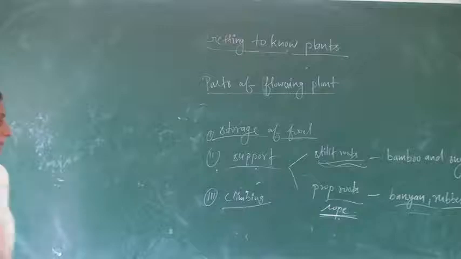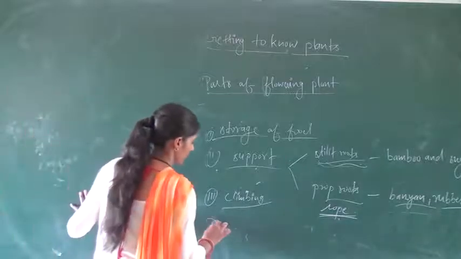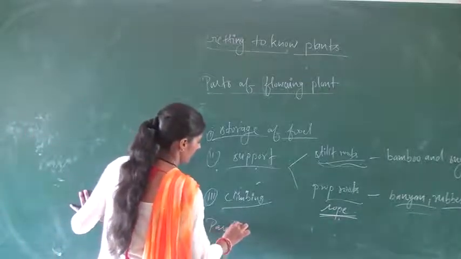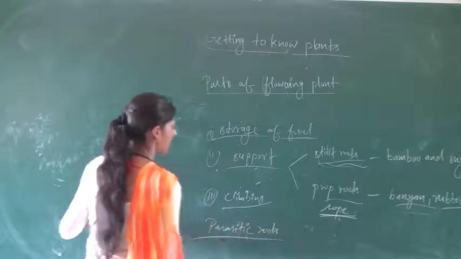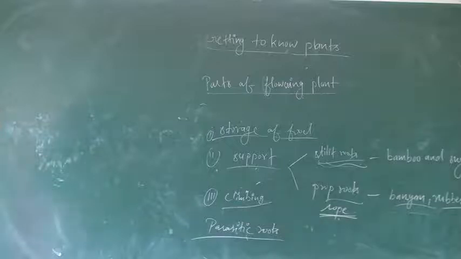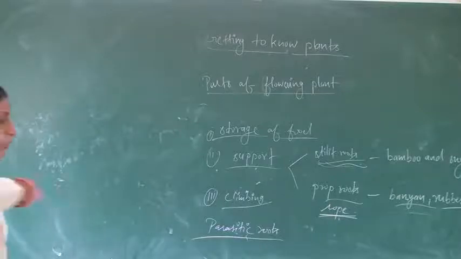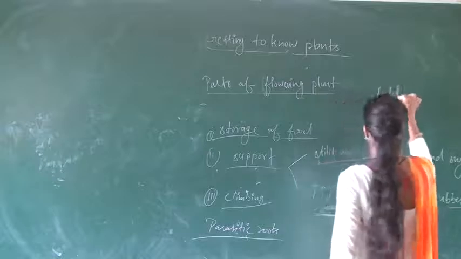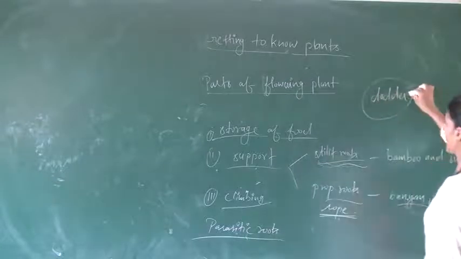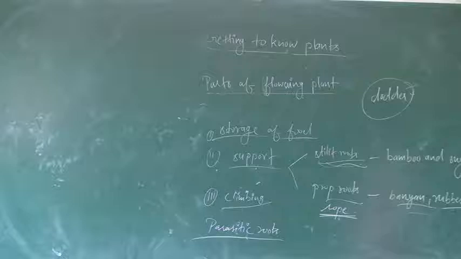After that, parasitic roots. Plants like dodder plants have special types of roots.